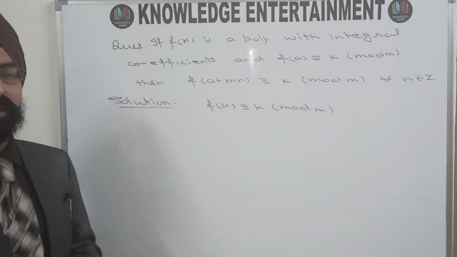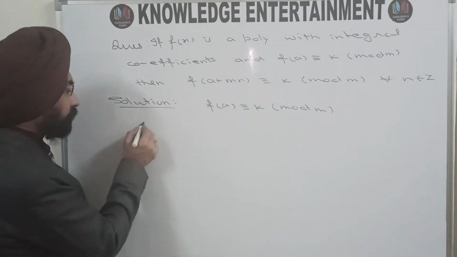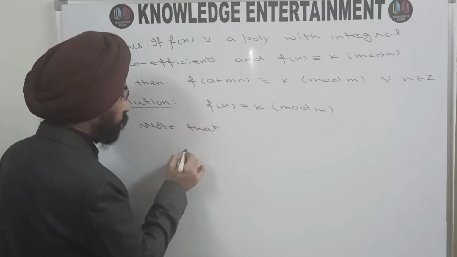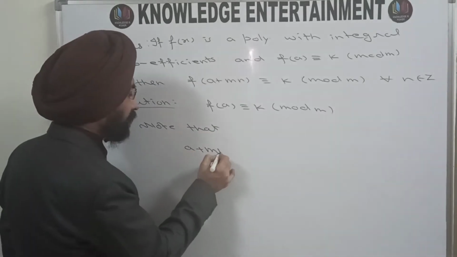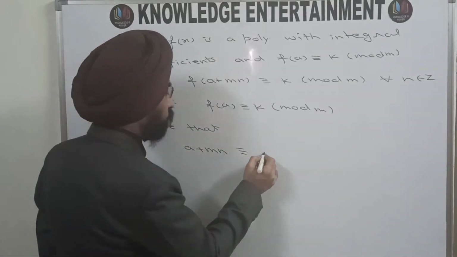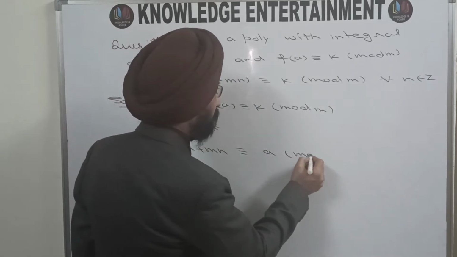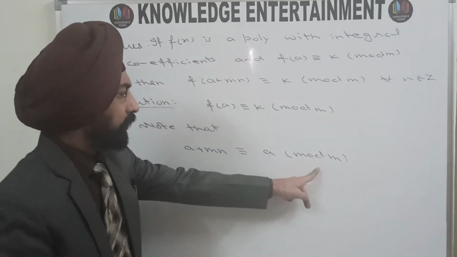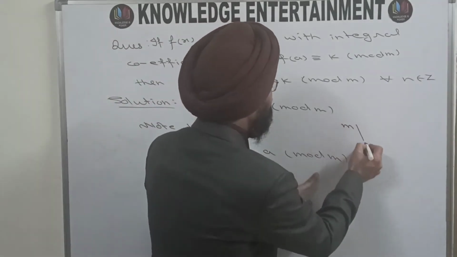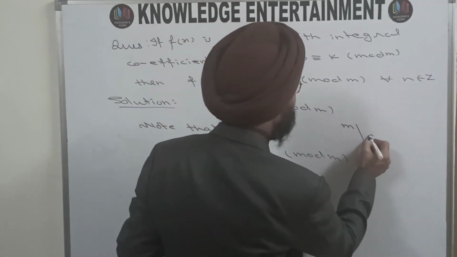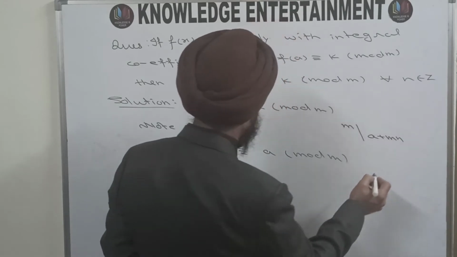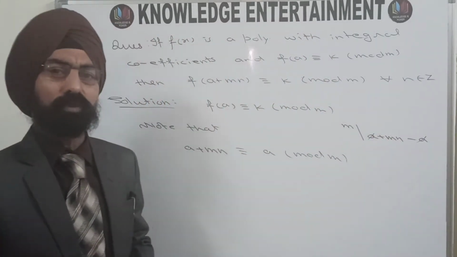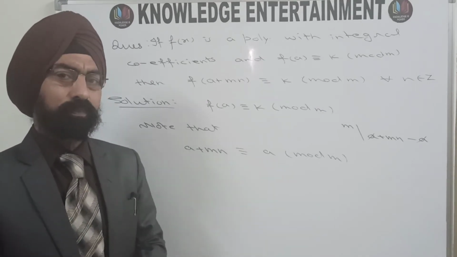This is given. Note that a plus mn is congruent to a modulo m. Why? Because m divides a plus mn minus a. A is cancelled out, m divides mn is very much obvious. So this result is true.